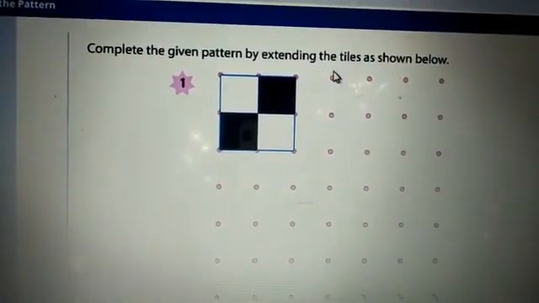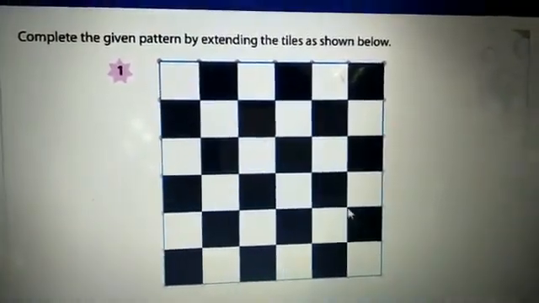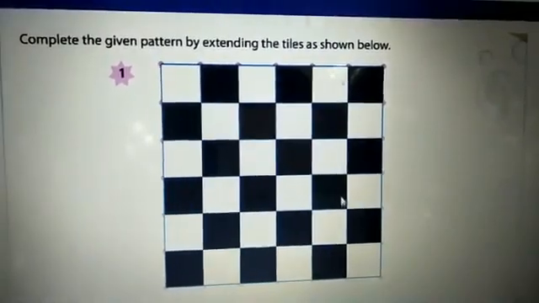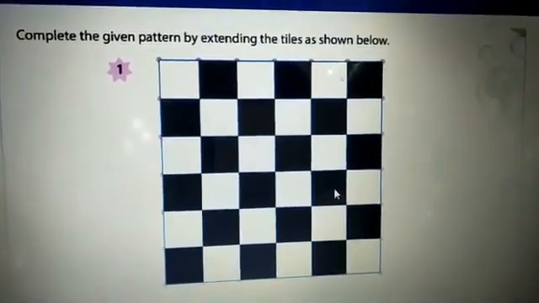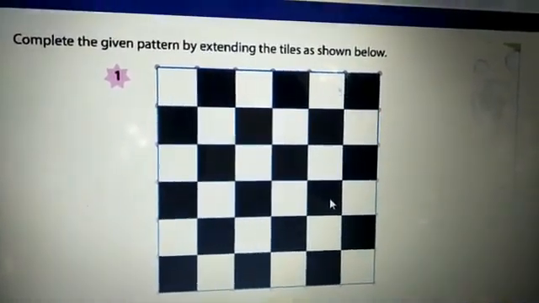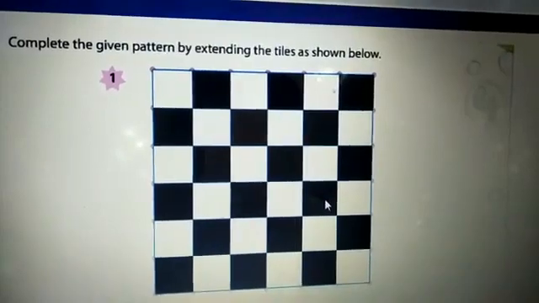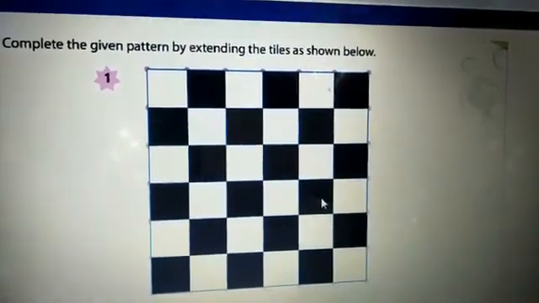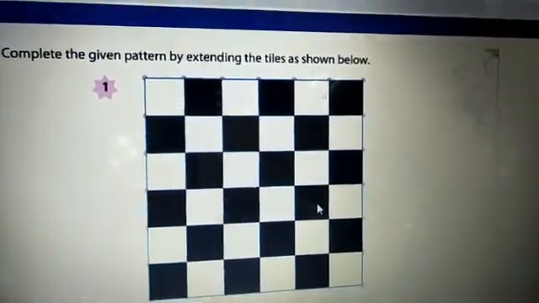Like this you need to give color. So this is our completed pattern, children. You should do this in your class note, or else I give the worksheet. There you do it and send that one for correction to me. Is it clear?